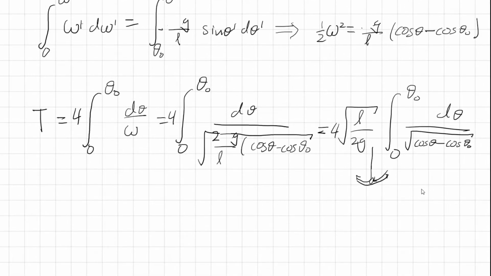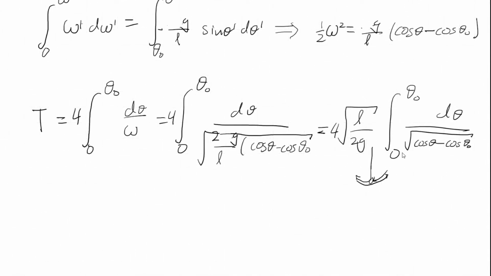So all we need to do is manipulate this integral here, and we're going to be able to figure it out. And we can make a clever substitution here. These might not seem very motivated, but it's just doing math here. So the first substitution we're going to make is using the half angle formula.